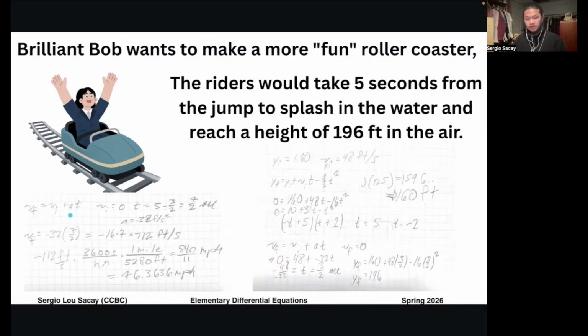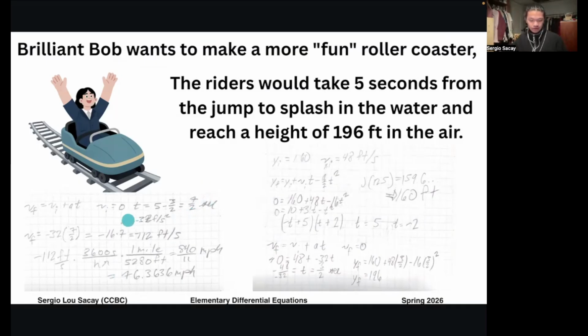We can actually take it from the top down because that will be easier for our computation. The time from the top to hitting the ground is the total time to the ground minus the time they took to get to the top.